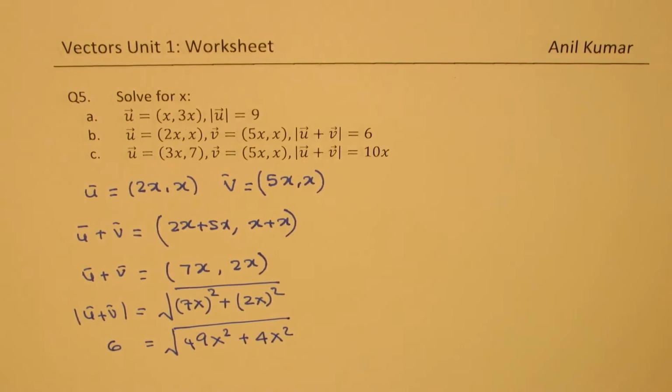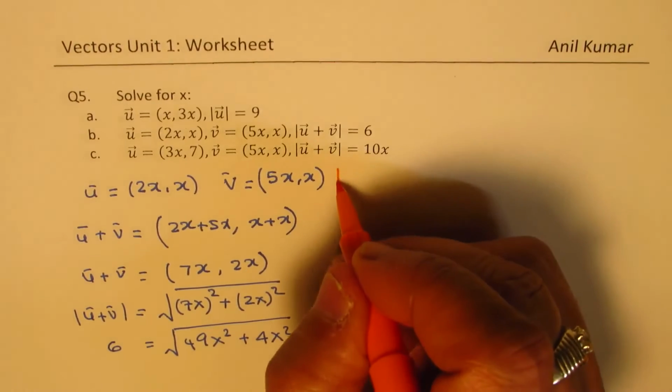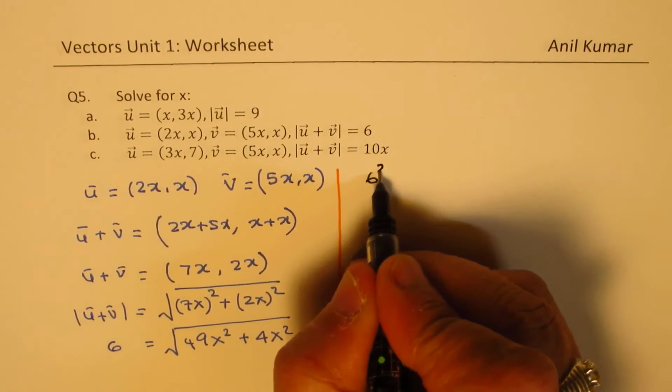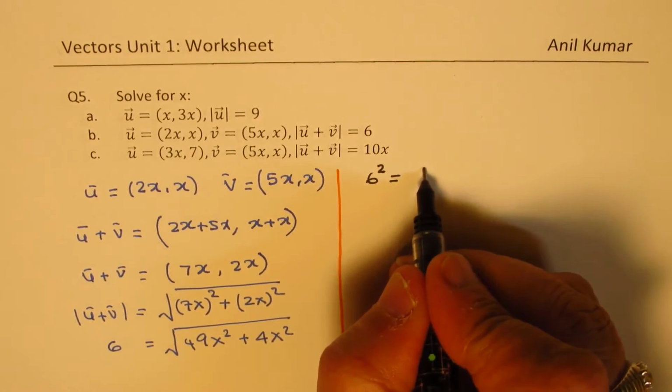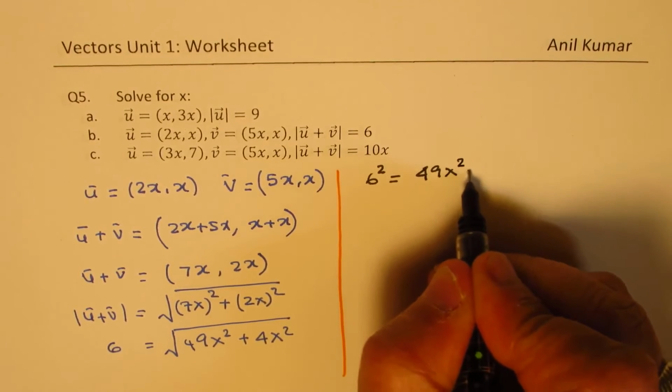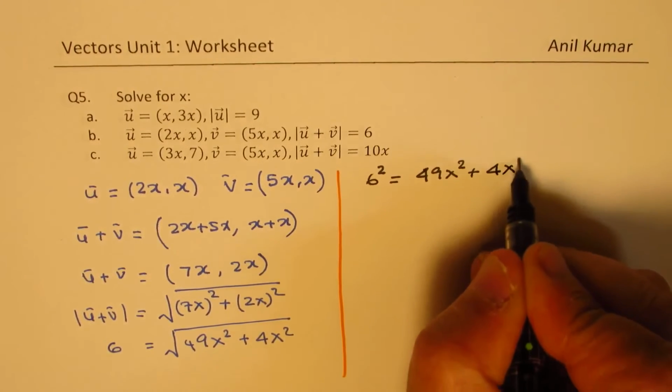Now we can square both sides and solve just as we did last time. Perfect. At this stage, you can always pause the video, further solve the question, and then look into my suggestions. So we can write this as 6 squared equal to 49x squared plus 4x squared.